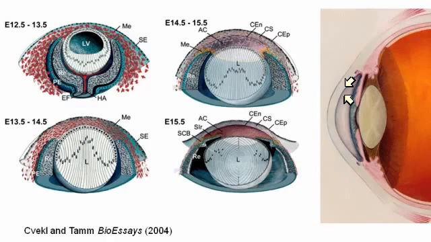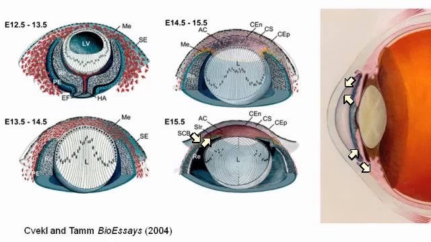It's going to give rise to the stroma of the iris, shown down here at E15.5, and also over here, it would be this layer on the adult eye. The stroma of the ciliary body, which is shown again in the E15.5 cartoon in yellow, and that would be roughly this layer on the adult eye.